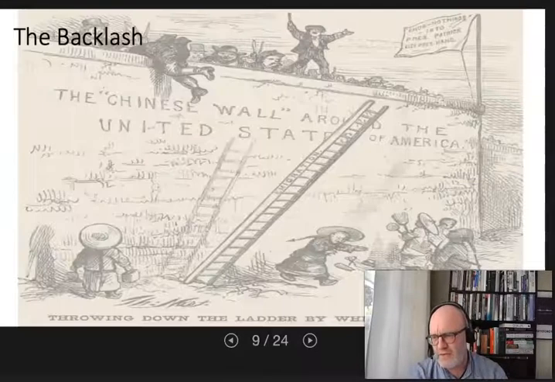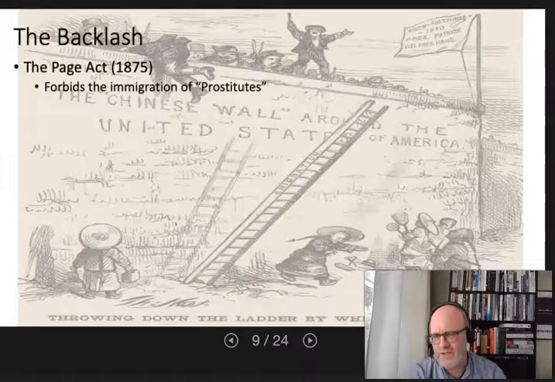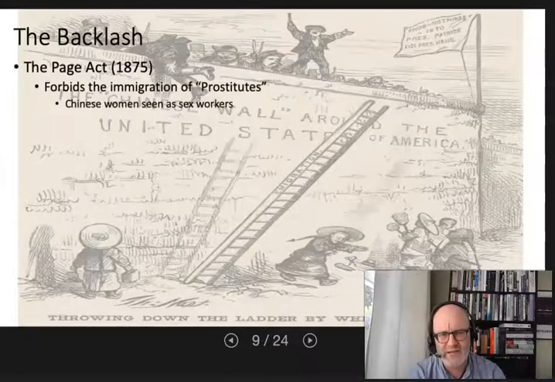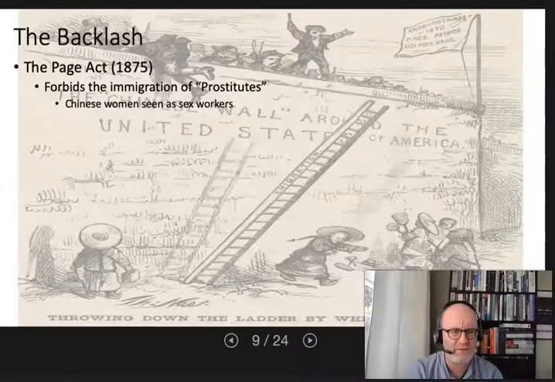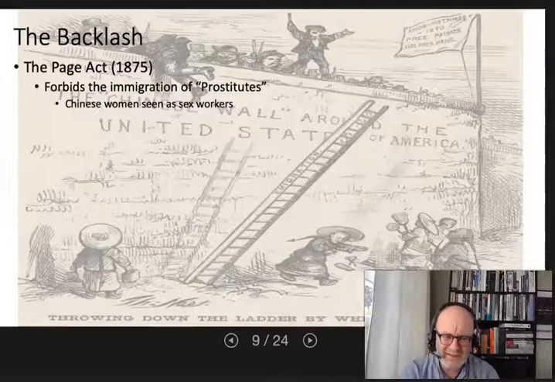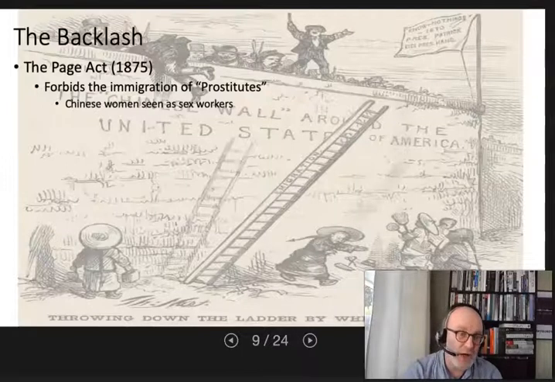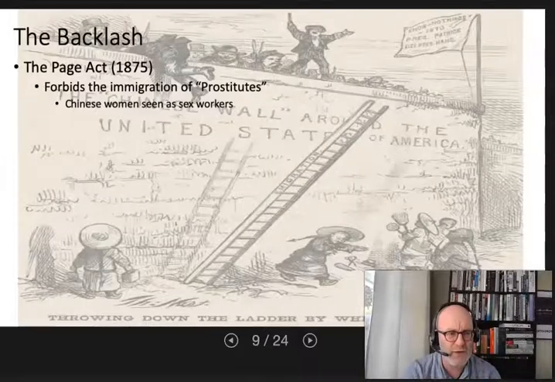And we start to see a backlash. The first anti-Chinese act is the Page Act, which strangely, it might seem, forbids the immigration of prostitutes or undesirable women. There's not that many women at all in the West, but there are a lot of men, and there are a lot of young white men who are moving west to search out their fortune.